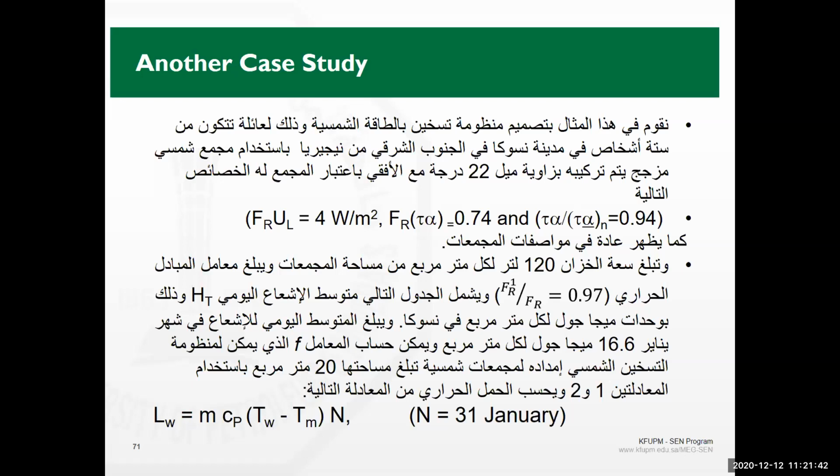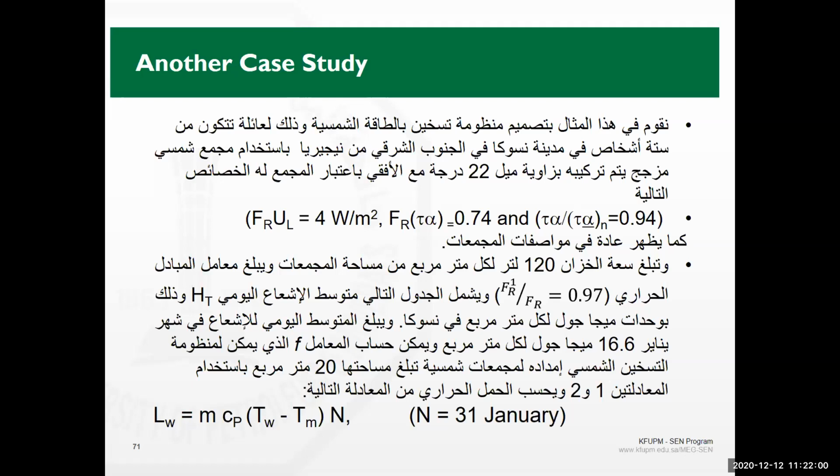Here in this example, the value of HT is the actual value given on the collector right away, so it has saved the kind of calculations that we did related to the angles and so on. المتوسط اليومي للإشعاع في يناير 16.6 ميجا جول لكل متر مربع.